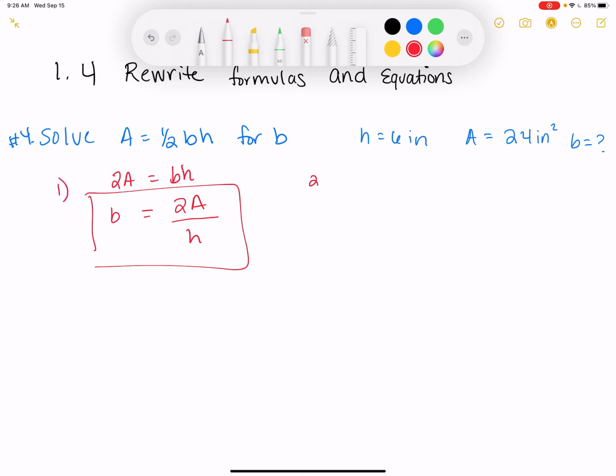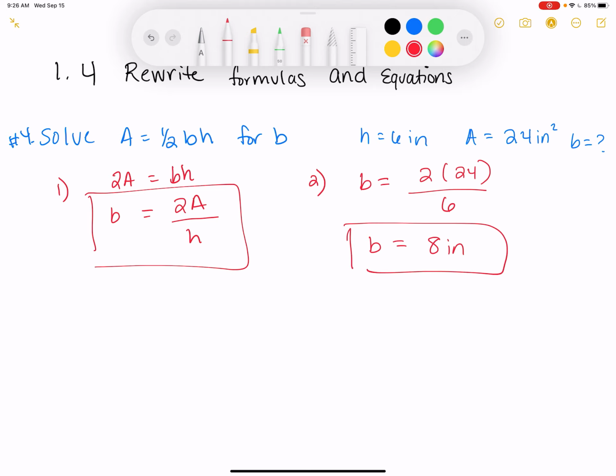Then part 2 says to plug these numbers in and solve for the base. So B is equal to 2 times 24 divided by 6. So what is the base? 8 inches. Yeah, make sure we always remember the units on those.